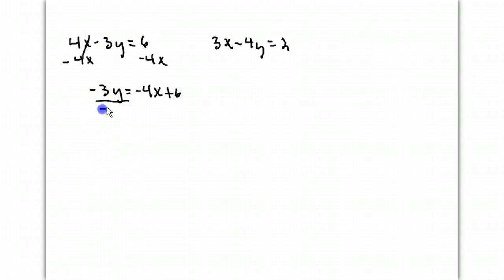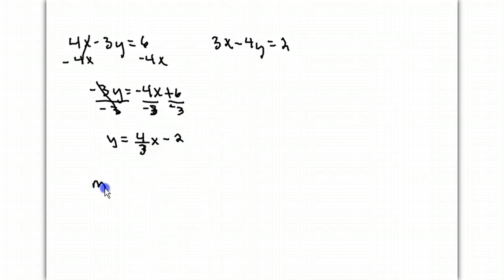Then you divide everything by negative 3, and you end up having y equal 4/3 x minus 2. So your slope here will be 4/3.